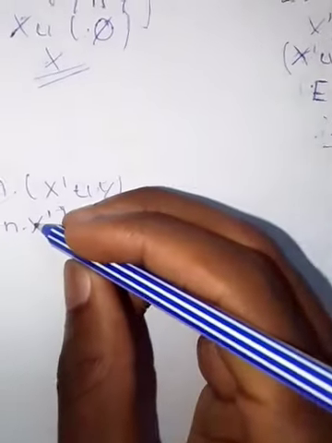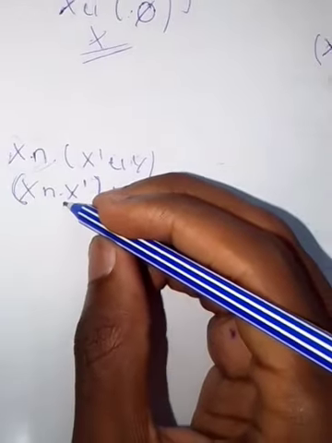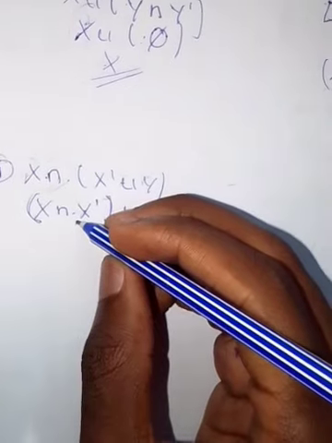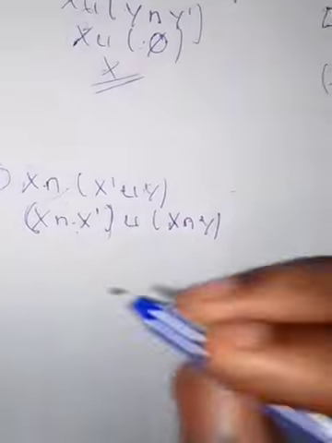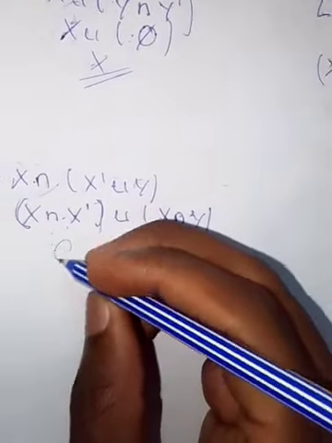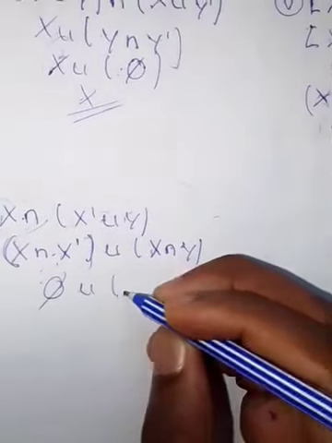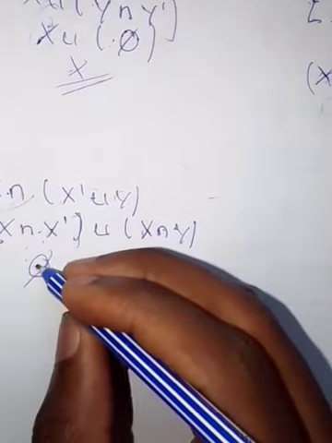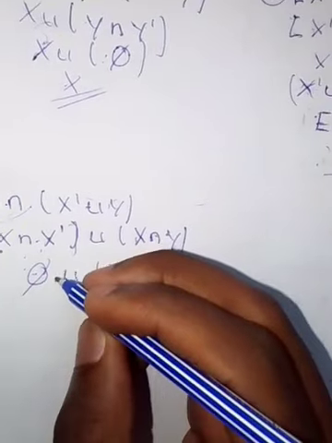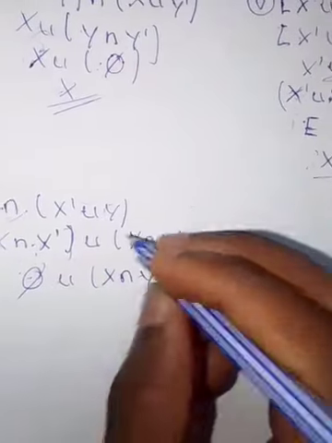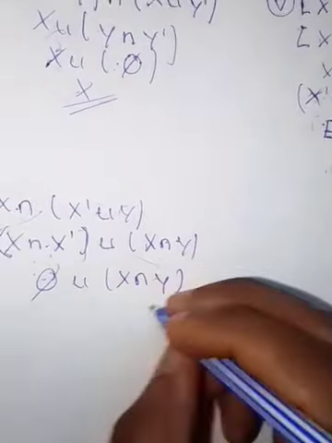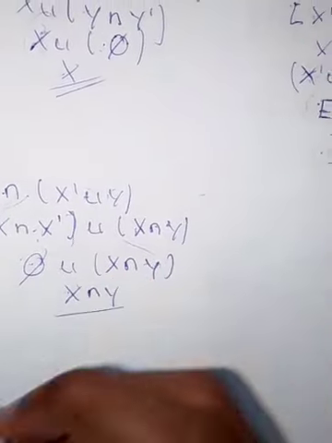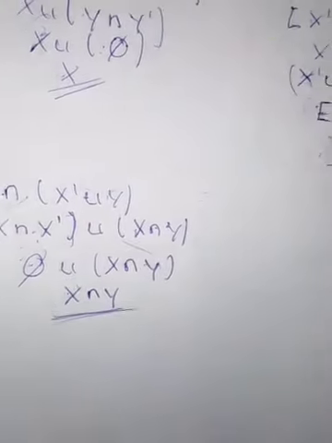Now remember, if we have a set intersected with the complement of itself, we have an empty set, united with x intersection y. When we unite an empty set with any set, we get back the set, right? So we have x intersection y. So this is the final answer.